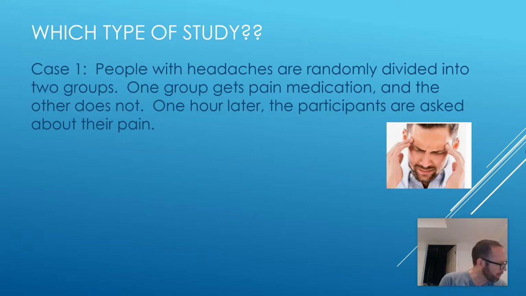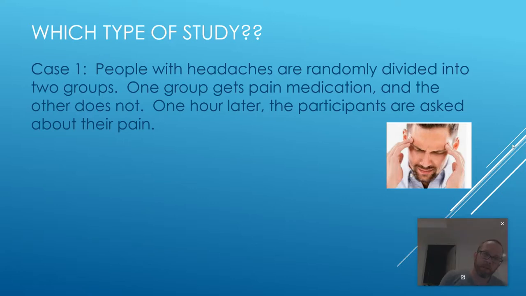We can't tell if the two groups have a similar makeup. However, there is some randomization, keyword randomly. So we have two of those three criteria. So this is a decent experimental study, a very basic one, but it's a pretty decent one.